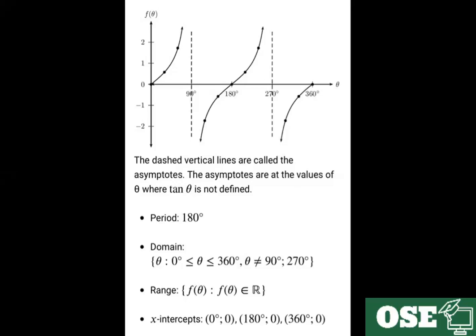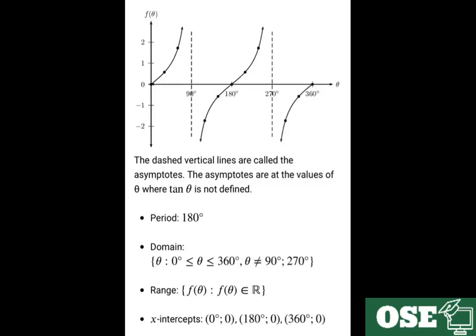Okay. So as I was saying, the domain is all the x values for which the graph is defined, or the graph is real. What that means is if you take the x value and substitute it into the equation of the graph, you should get an answer and not an error.